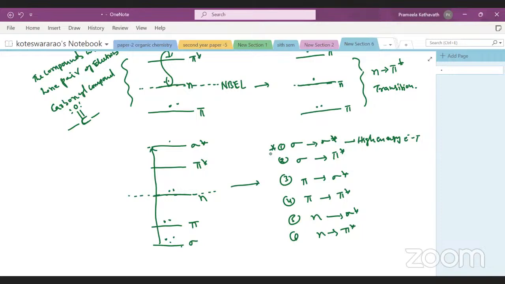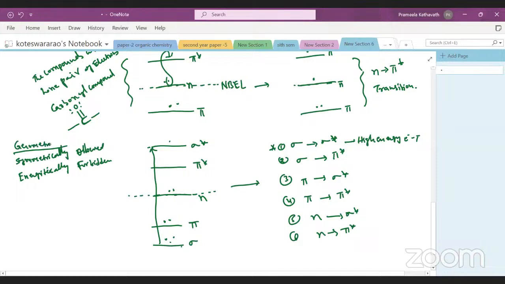Symmetrically is sometimes mentioned as geometrically allowed, because sigma and sigma star are both in the same plane.